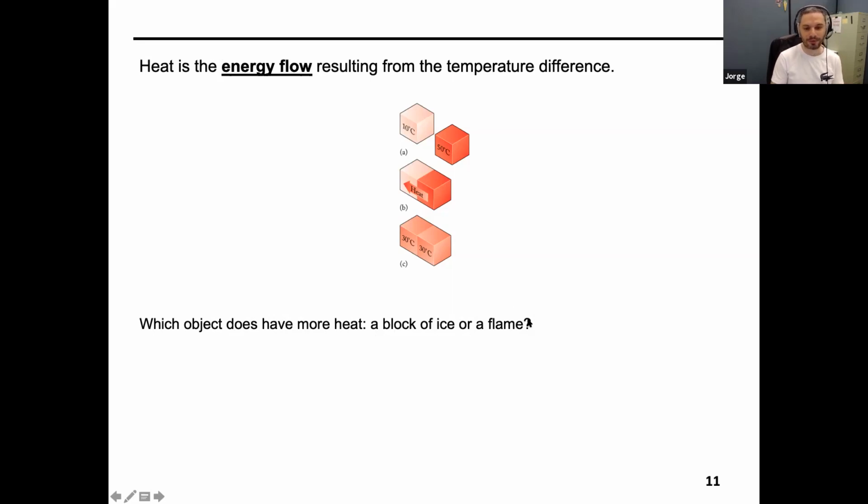However, if you ask about which object does have more energy, probably the flame has more energy than the block of ice because the temperature of the flame is higher than the temperature of a block of ice. Okay, therefore nobody can have heat because heat is energy flow.